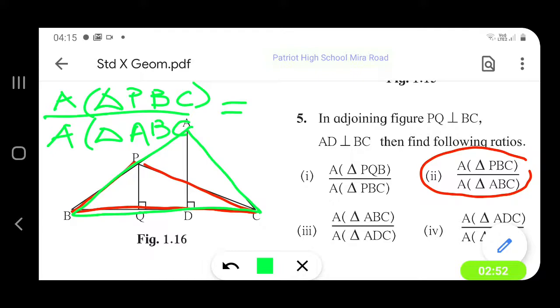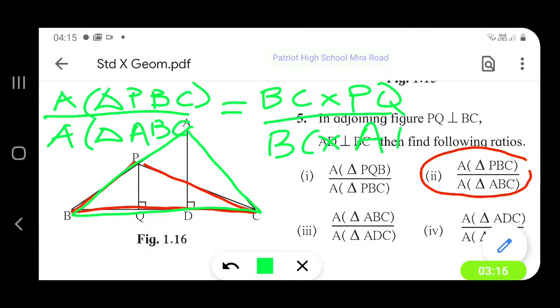This is equal to the base into height. So for triangle PBC the base is BC into height is PQ, and for triangle ABC the base is BC again and the height is AD. BC being common will get cancelled.